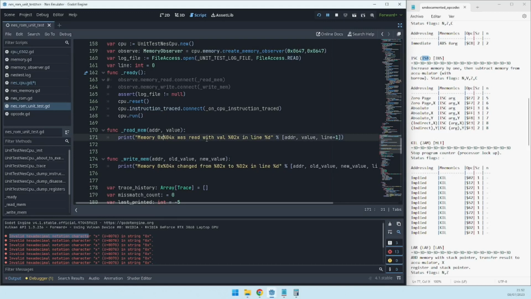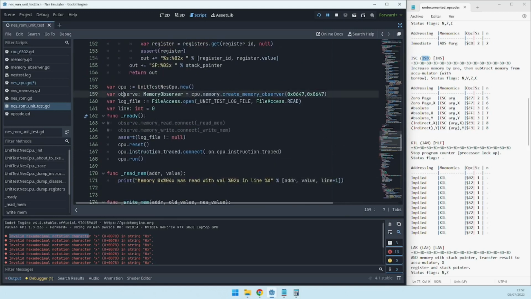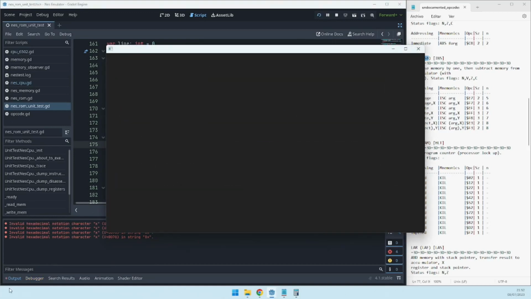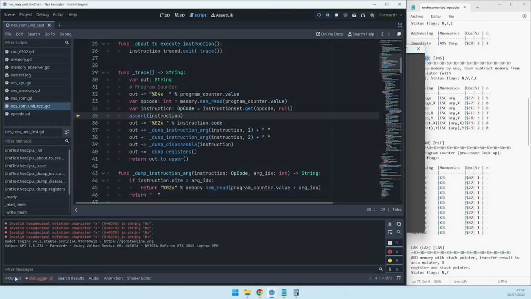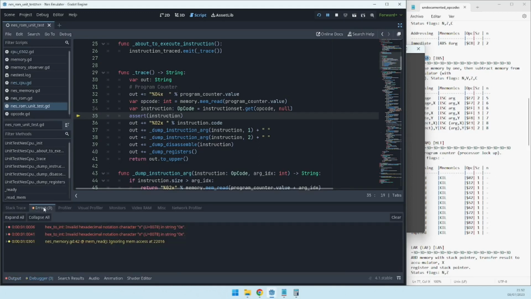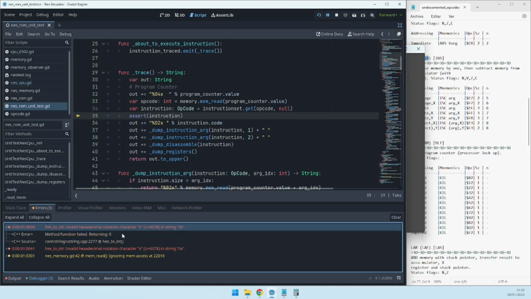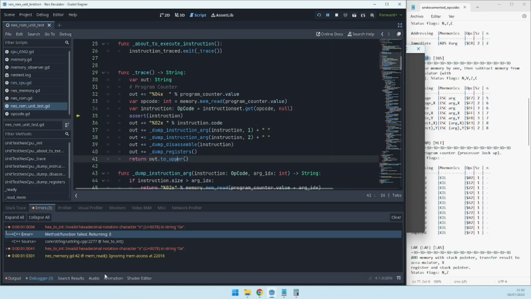Could it be this? Are we just connecting the observer? No, it is not being connected. So we can try to remove it and see if it still creates the output, but less. The assertion happened in a different place now. No, it's the same assertion.